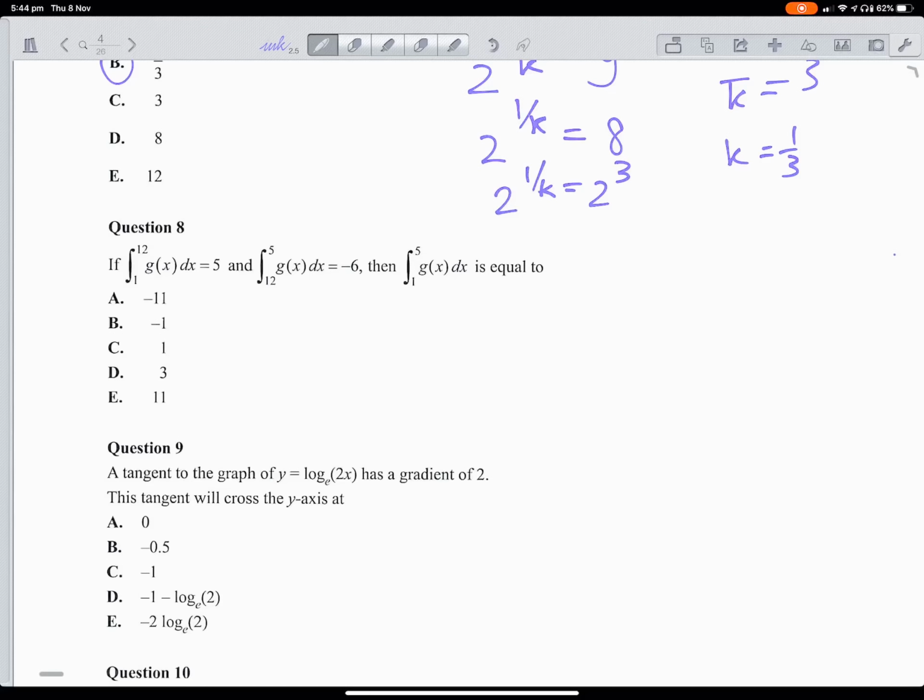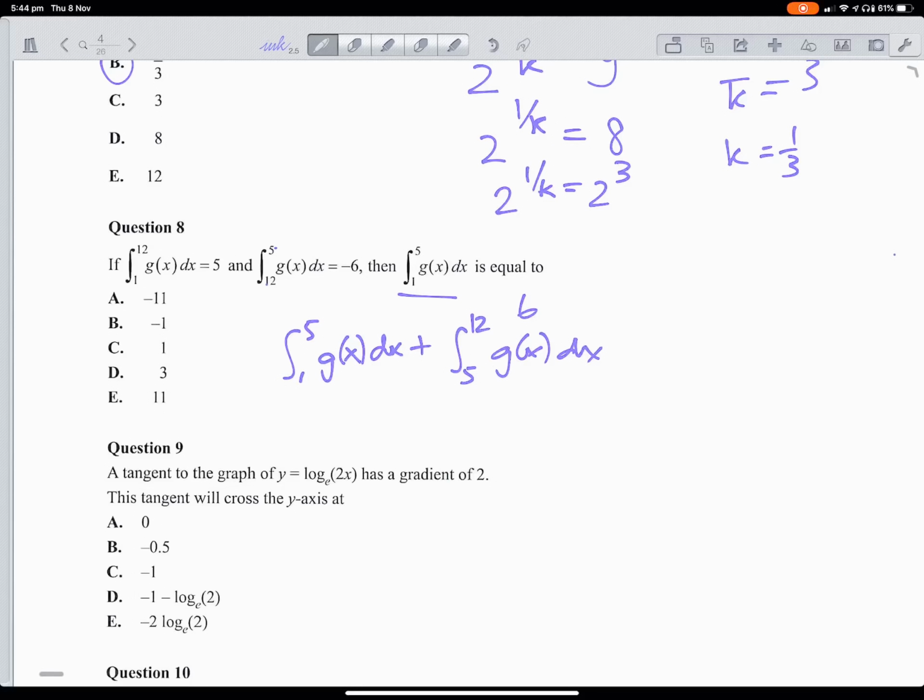Okay. 1 to 12. And then 12 to 5. Okay, so if we did 1 to 5, g of x dx, plus 5 to 12, g of x dx, we know that that's 6.